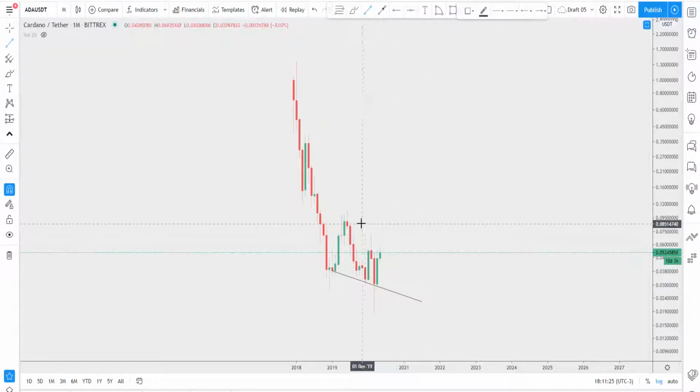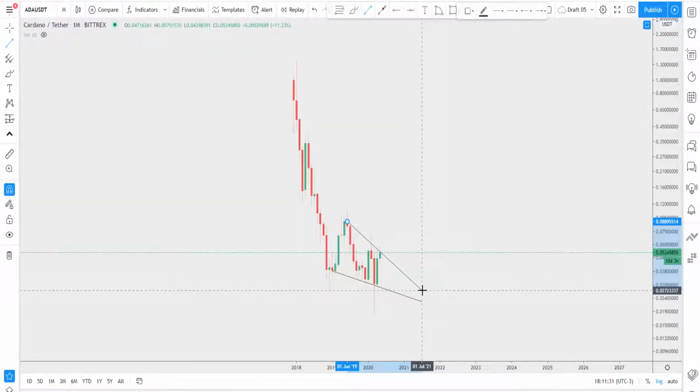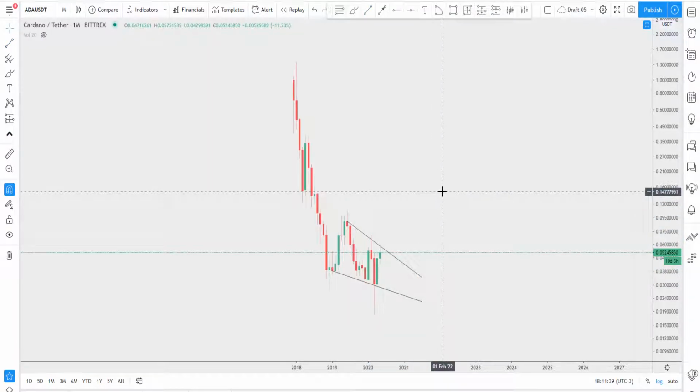And here I'm going to use this scenario, okay, but it's not accurate because this move is not over yet. So I'm going to use the week, so you guys can have a different perspective on the bigger picture.